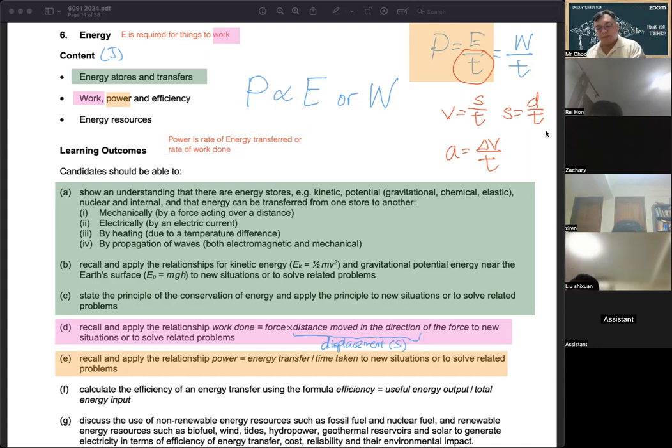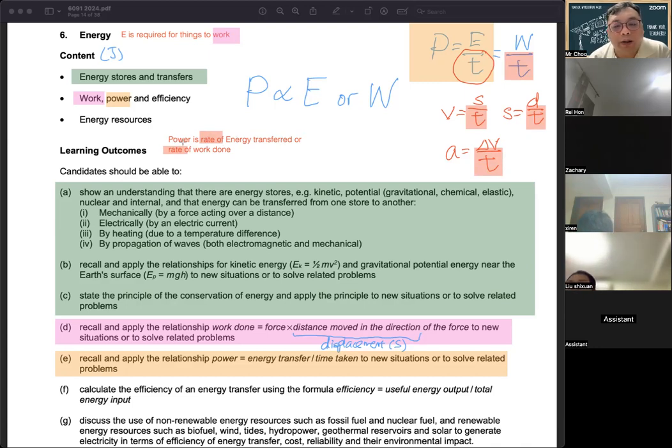Are you clear? When you see rate of, it means divide by T. Are you clear? When you see divide by T, your definition will be rate of something.